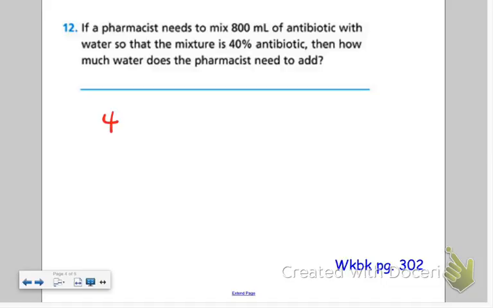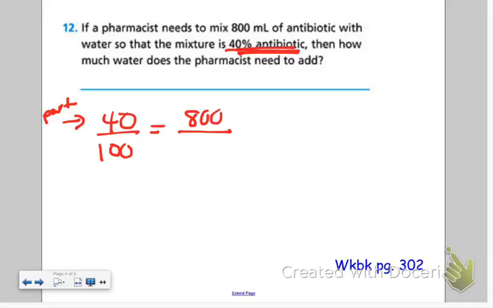We've got our percent, 40% out of 100, and they need to mix 800 milliliters of antibiotic with the water, and we want the mixture to be 40% antibiotic. So 40% represents the percent part. Well, 800 is going to represent the part over here. That's the antibiotic part. 40% same as 800 milliliters. And we're missing the whole.